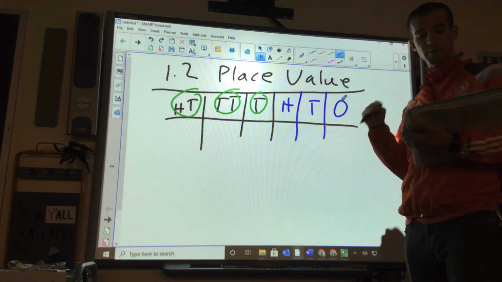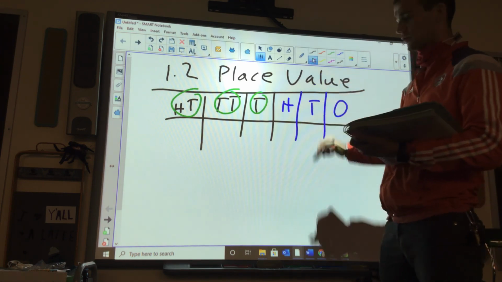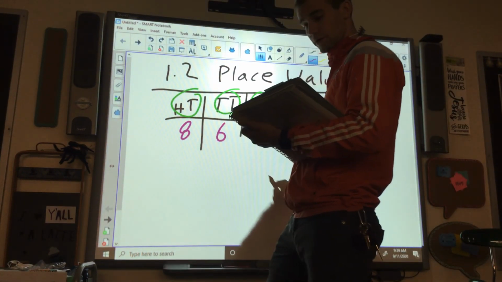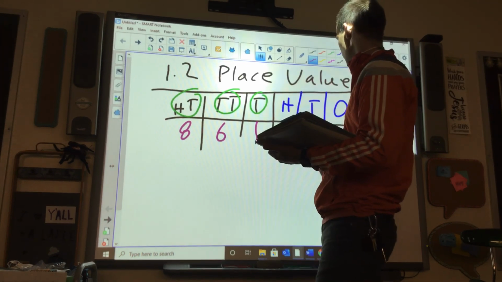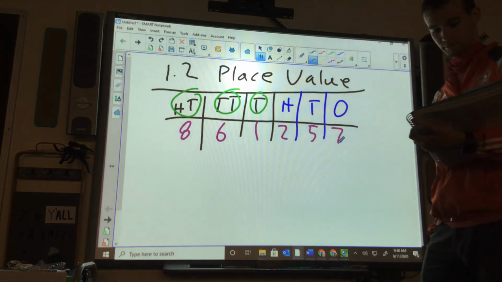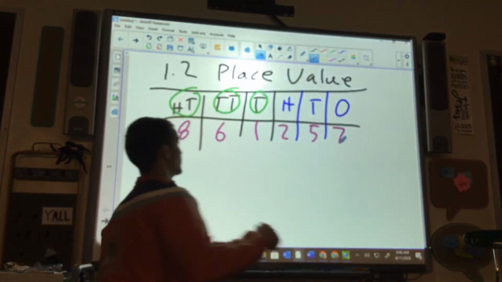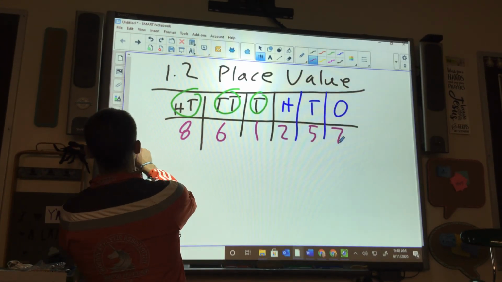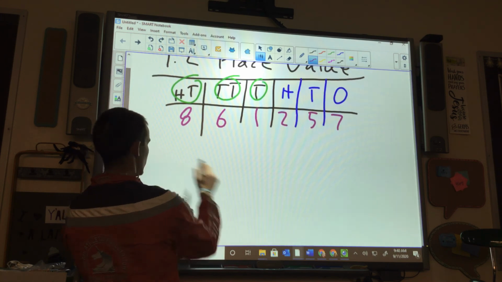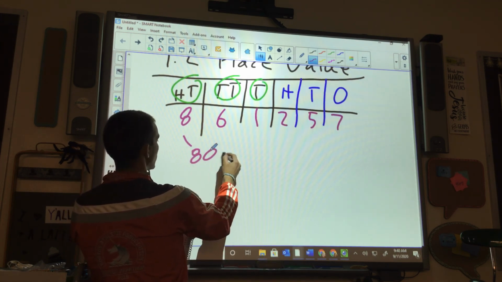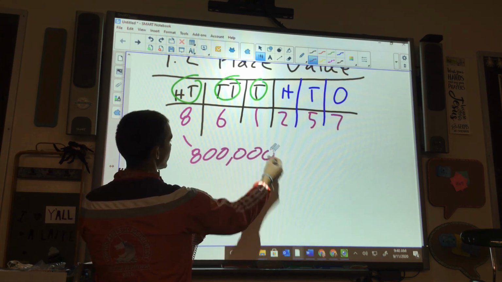So if you look on the top of page 16, it's got some numbers there for you. So it's got 8, 6, 1, 2, 5, 7. I'm going to get down a little bit lower so I can actually write on the board. So the 8 stands for 800,000.